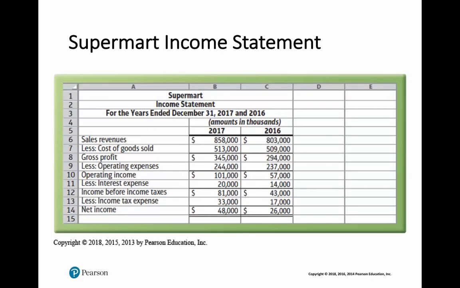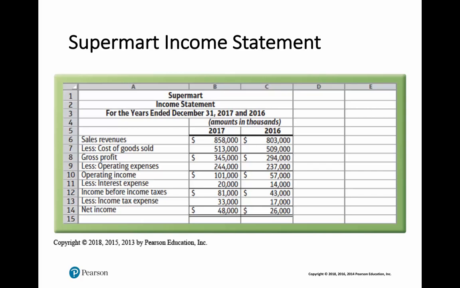So we have our income statement here, a Supermart income statement, with our 2017 and 2016 numbers year to year. We have our comparison: sales revenue, cost of goods sold, gross profit, operating expenses, interest income, income before income taxes, then income tax expense, then down to net income.